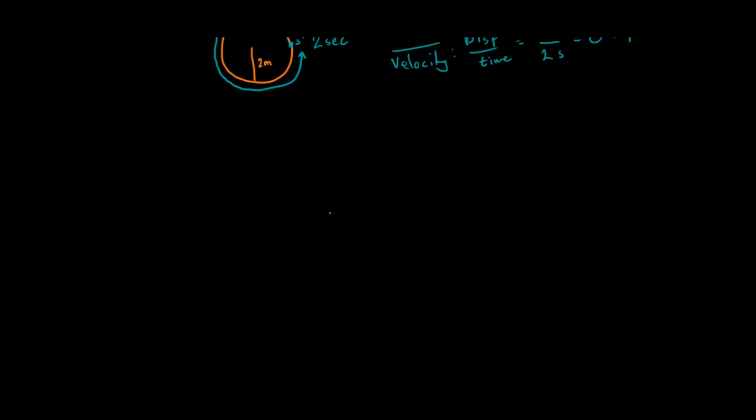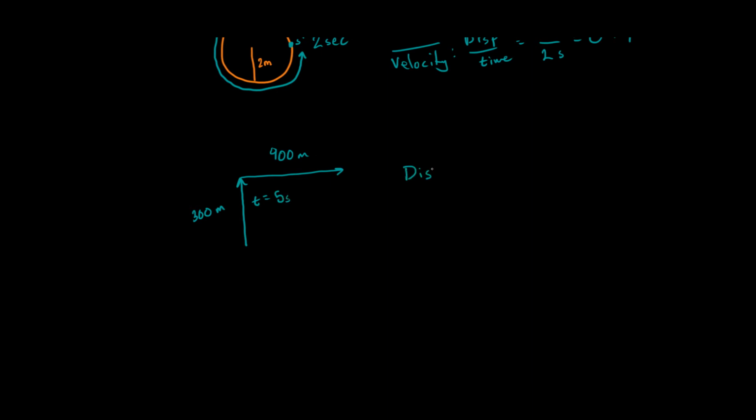Another example, let's say I traveled the same 300 meters north as I did in the last video, and then I traveled 400 meters east. So 400 meters here. And let's say this took me 5 seconds.